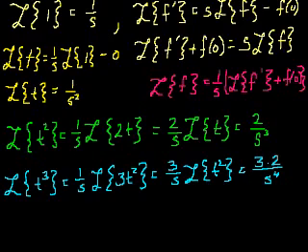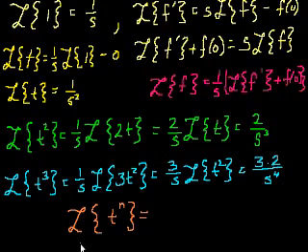So in general, and this is one more entry in our Laplace transform table, the Laplace transform of t to the nth power is equal to n factorial over s to the n plus 1.